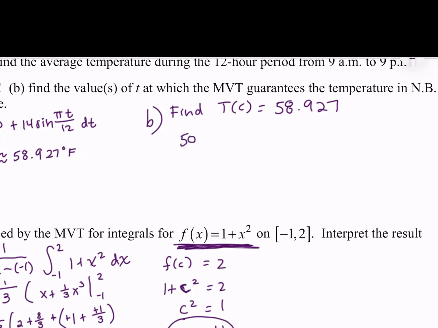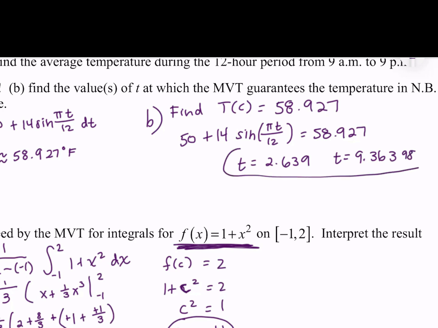And if you're not sure how to do this on the calculator, talk to me sometime in class. But we would take this equation and set it equal here. Since we have the fancy TI-Nspires, we would literally just tell the calculator to solve this equation. And we'd get t equals 2.639 and t equals 9.3698.